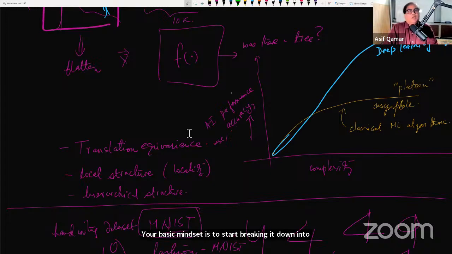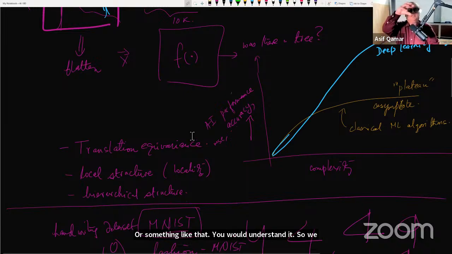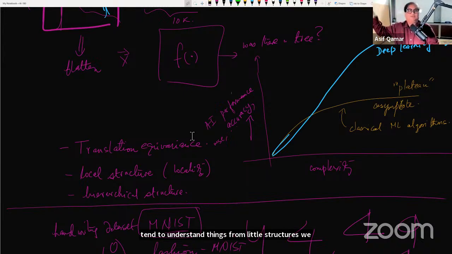So, for example, if you see an elephant with two trunks, which you haven't met before, let's say there's a trunk in the front and a trunk in the back, you would say, well, it looks to me that two elephants back to back have been co-joined. Something like that. You would understand it. So we tend to understand things from little structures we recognize, and then we zoom out and compose things out of them.